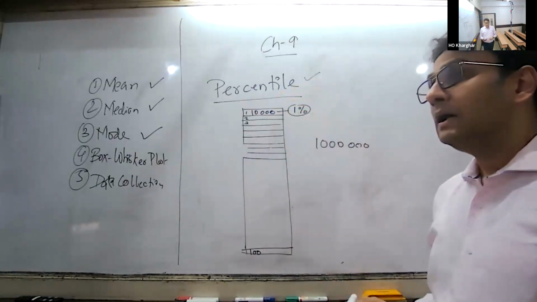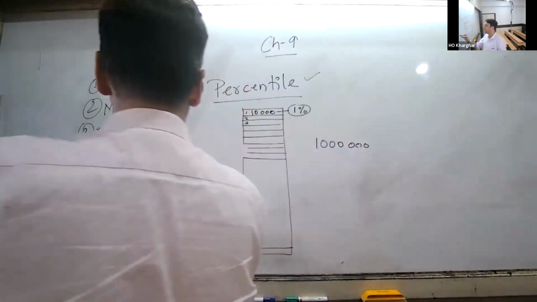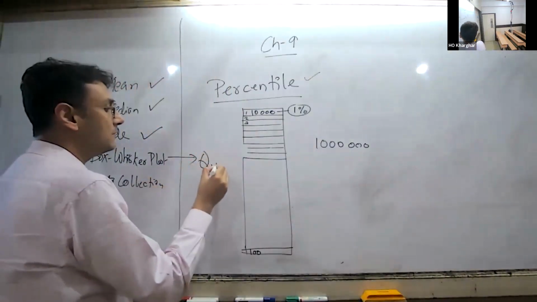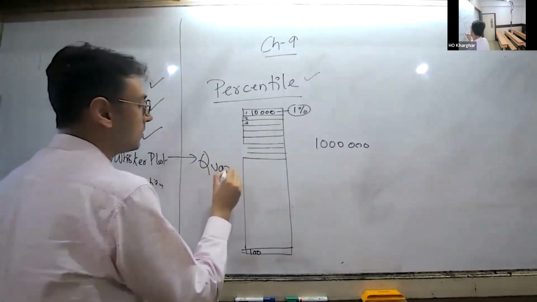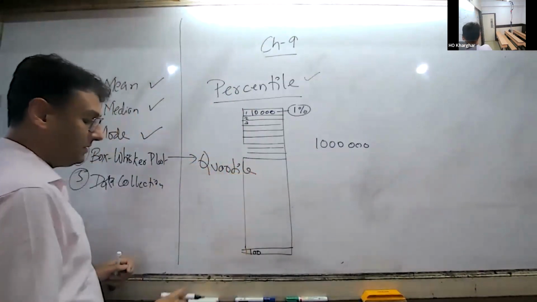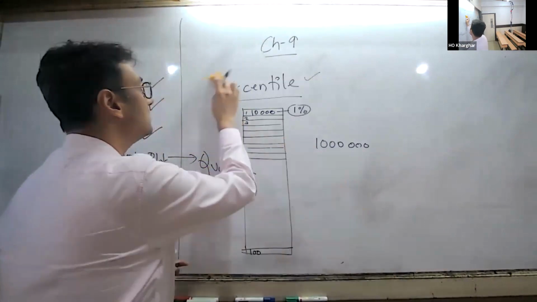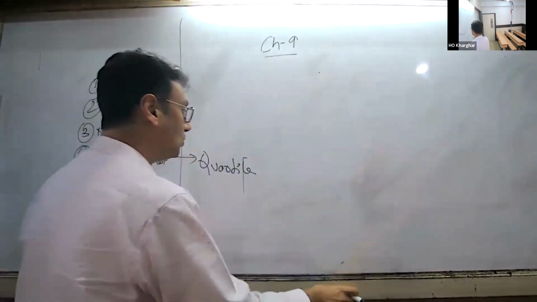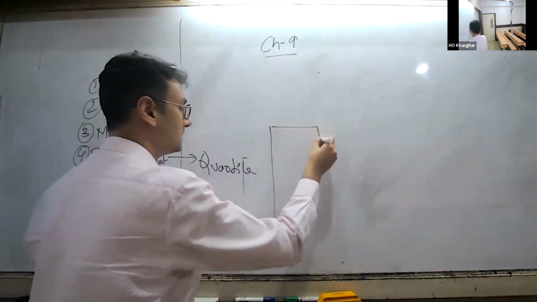Okay. Now, box and whisker plot is a concept that is based on quartile, which is similar to percentile. Quartile means I'll divide something into 4 equal parts.